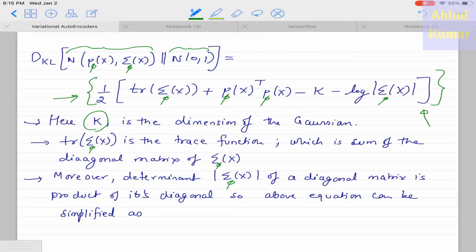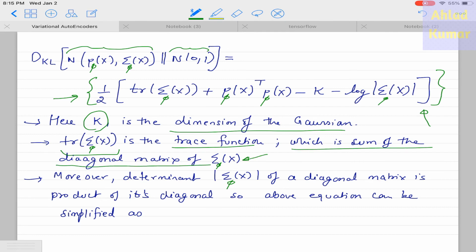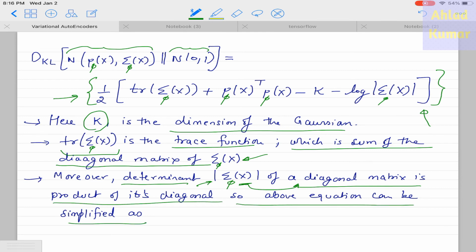Here k, please note, is the dimension of the Gaussian, and this is basically the trace function, which is summing up all the diagonal elements of this sigma phi of x. Also we know that the determinant of sigma phi, which is basically a diagonal matrix, is a product of its diagonals. So the above equation can be simplified as this.